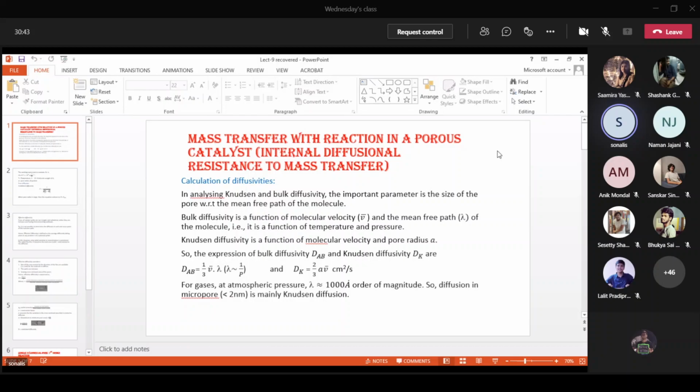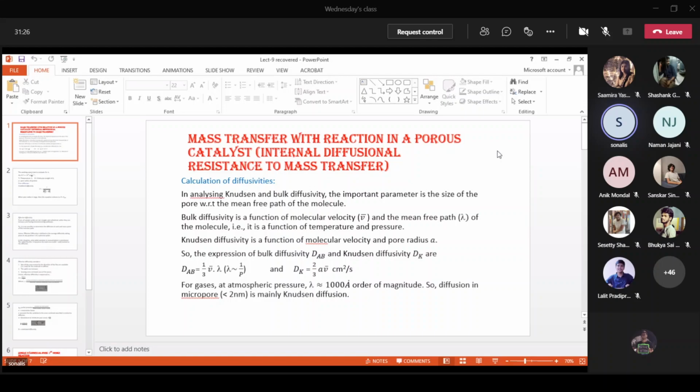When the mean free path of the gas molecule is bigger than the radius of the pore in which the gas is entering, then what happens? The gas molecules will impinge or bang on the surface of the pore more often than usual, because the pore radius is smaller than their mean free path. So this type of diffusion is called Knudsen diffusion.